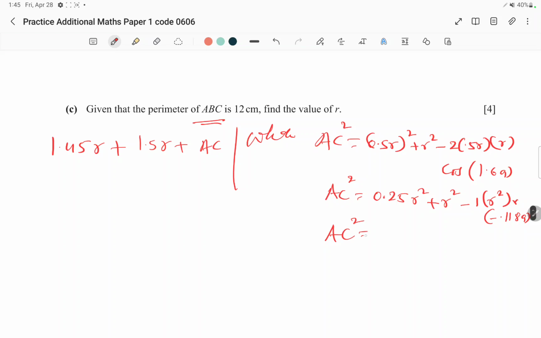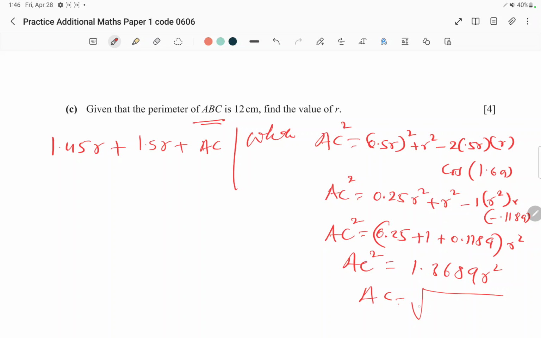Okay, then AC square is finally 0.25, then 1, then plus 0.1189, and then I took r square common. So 0.25 plus 1 plus 0.1189, which is 1.3689 r square.